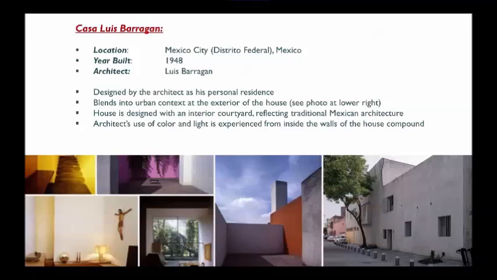And it is kind of like a compound, even if it's small scale, because you have that interior courtyard, you enter in through an exterior wall or gate or something that doesn't really let on what's happening inside. And so it really is almost invisible at the urban edge, at the street facade.